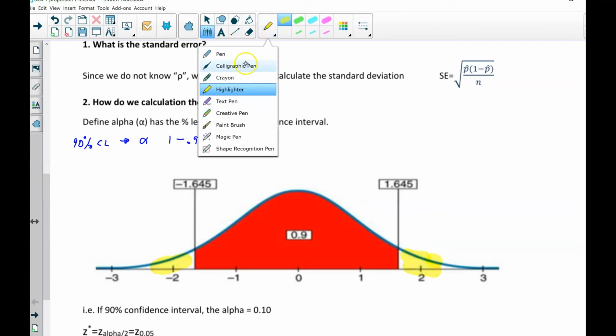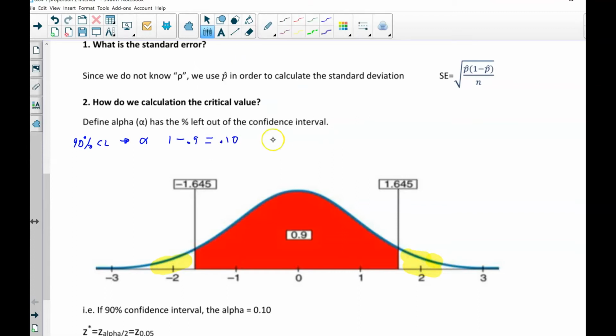Since it's split evenly, when we calculate the z-score, or the critical value, you're going to do z with the subscript alpha over 2. So in this case, it's going to be 0.1 divided by 2, or 0.05.